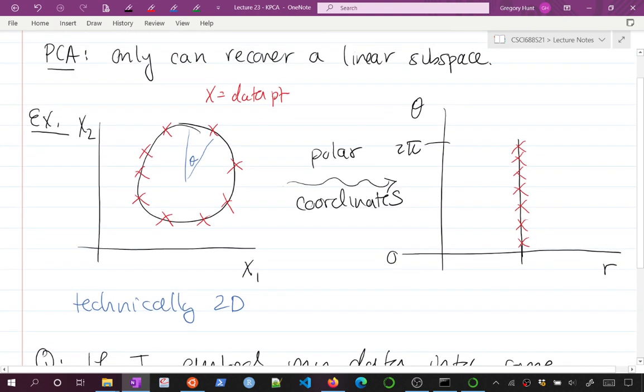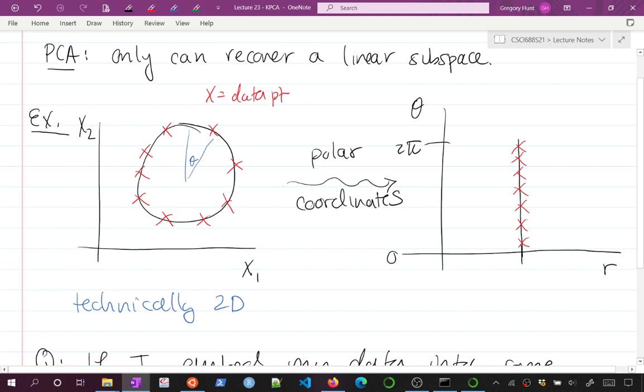Sometimes it pays off to take your data and embed it in a much larger space, do a whole bunch of nonlinear transformations to it, which somehow seems counterproductive because we've increased the dimension. But if I embed it into the right nonlinear, bigger transformed space, when I do my dimensionality reduction, I actually get a smaller subspace than I would if I had just done PCA on my original data.